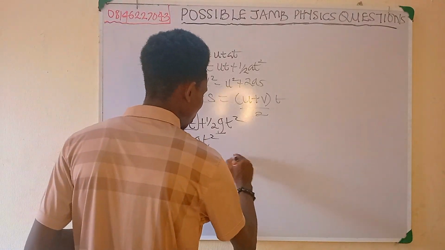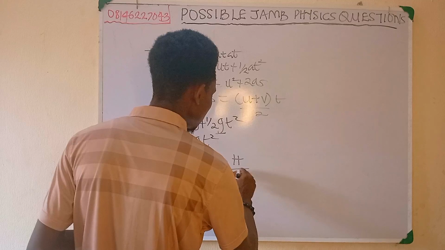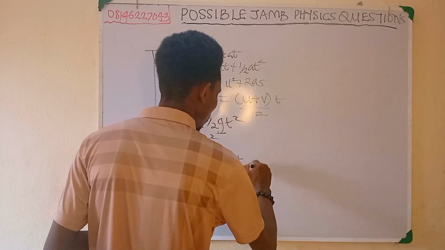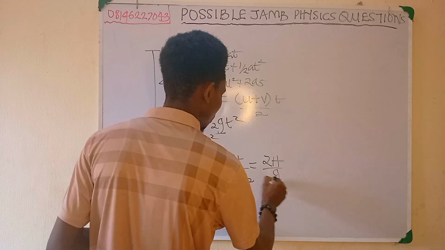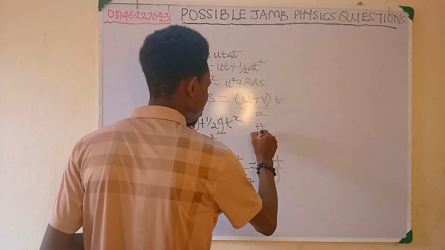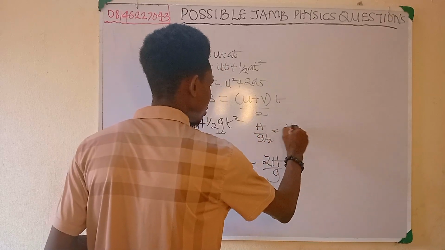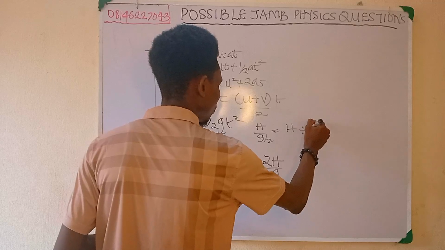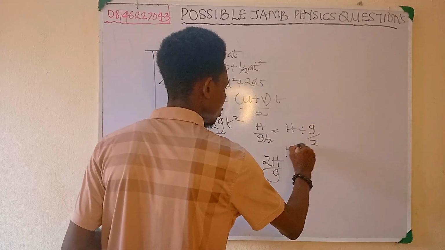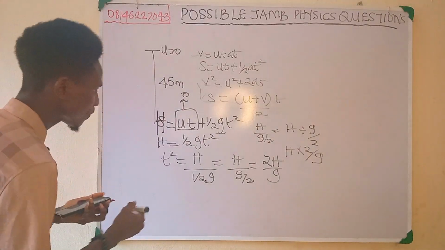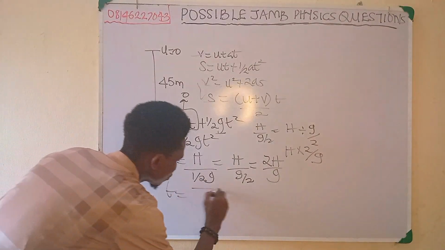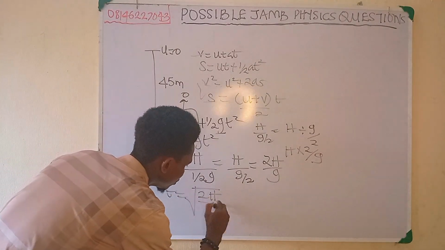Half g simply means g over 2, which gives us 2h over g, because h over g divided by 2 equals h divided by g over 2, which gives you h times 2 over g. So we have 2h over g. Now t equals the square root of 2h over g.